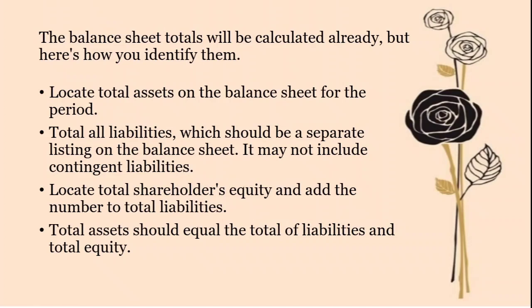Total all liabilities, which should be a separate listing on the balance sheet. It may not include contingent liabilities. Locate all shareholders' equity and add the numbers to total liabilities. And lastly, total assets should equal the total of liabilities and total equity.